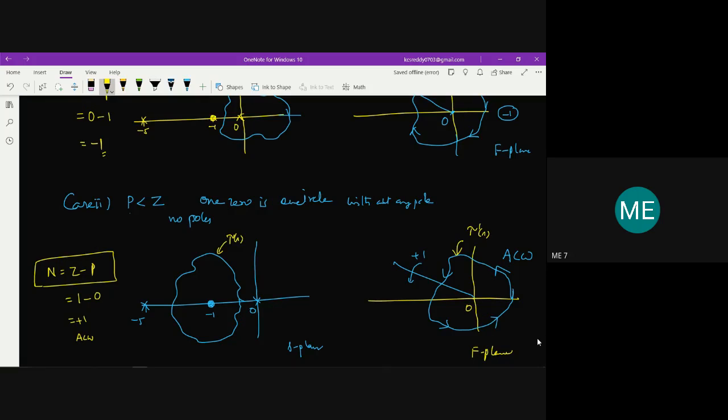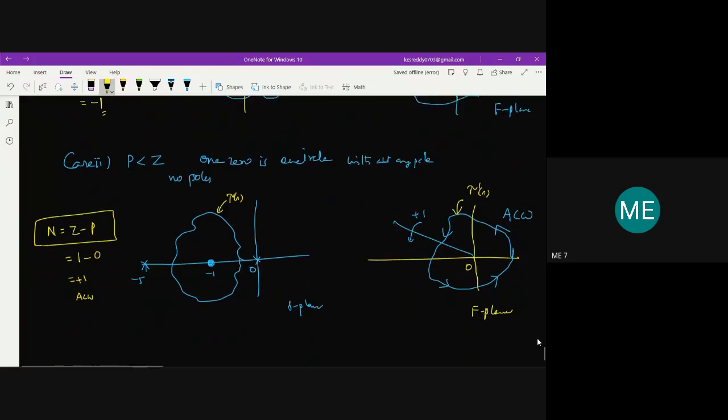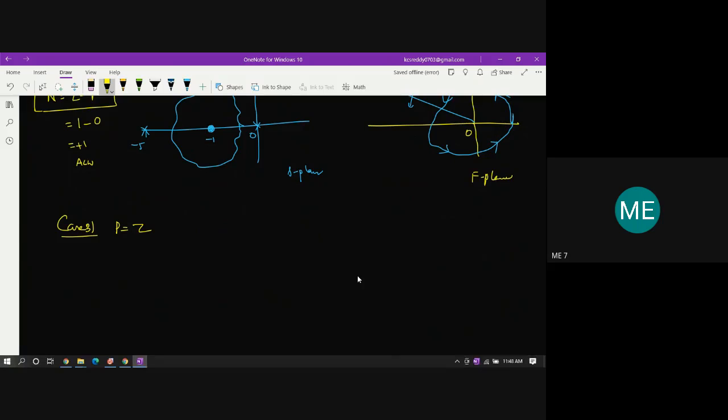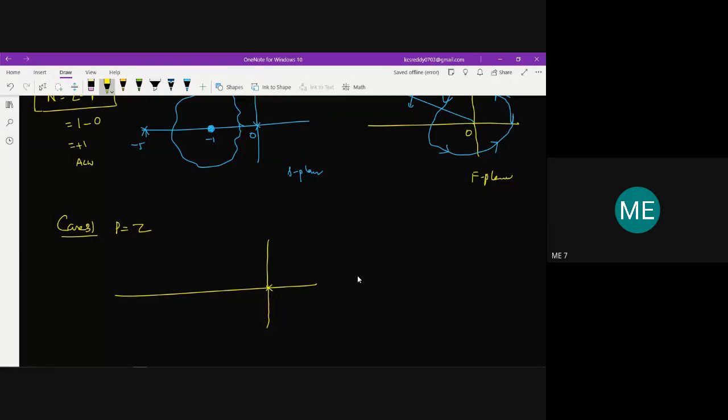Suppose we take case 3, where P is equal to Z. In this case, I am taking the S plane once again, with S equal to 0, S equal to -1, and S equal to -5.